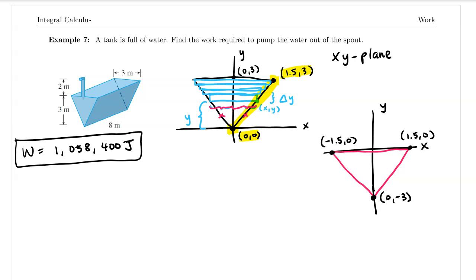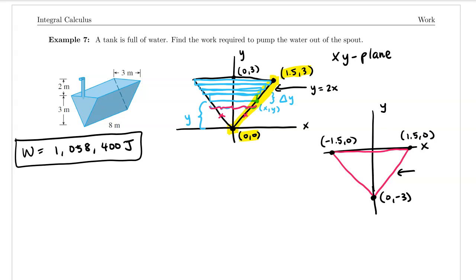And if you were still thinking about this with the line segment, because earlier we found that the equation of that line segment was y equals 2x, the equation of this line segment is not going to be the same because the y-intercept for that line segment is no longer going through the origin, and instead it's going through the ordered pair 0 comma negative 3.